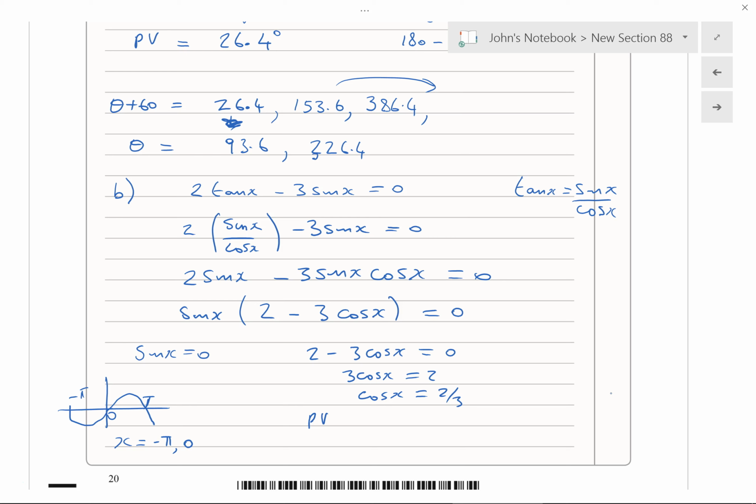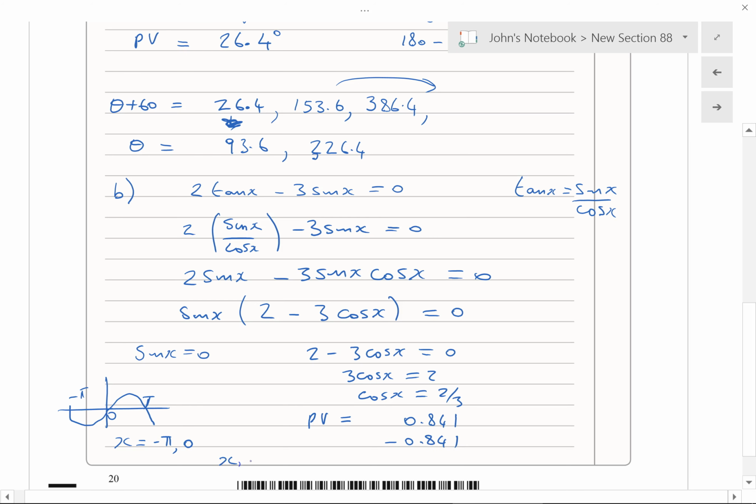If you want to use degrees, it's fine, but just make sure you times by pi over 180 for each of your answers. Okay, so the principal value is equal to inverse cos of 2 divided by 3, so that's 0.841, and the other solution is minus 0.841.